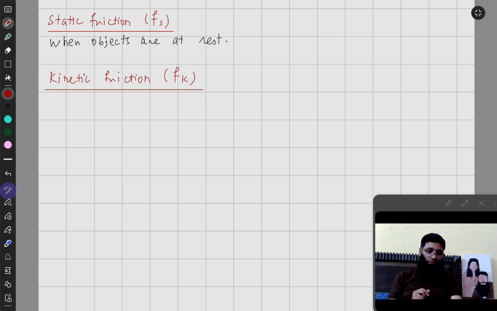In that type of condition, when objects are moving, the friction will be called kinetic friction. Now there is another thing which is very important, because this term will be used in your questions, that is called maximum static friction.